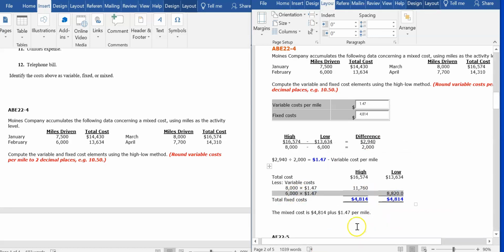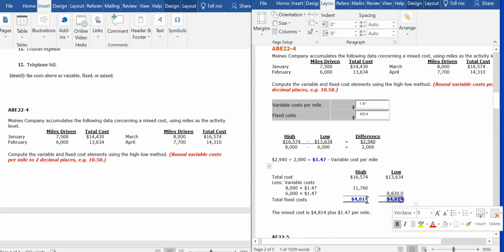Total variable cost, $8,820. Total cost for $13,634. Of that total cost, $8,820 are variable, means the remainder are fixed. Notice that we got the same fixed cost when we plugged the variable cost per unit into either the high data point or low data point.